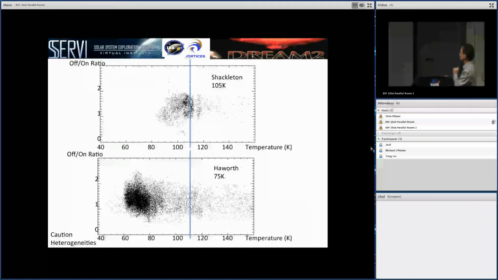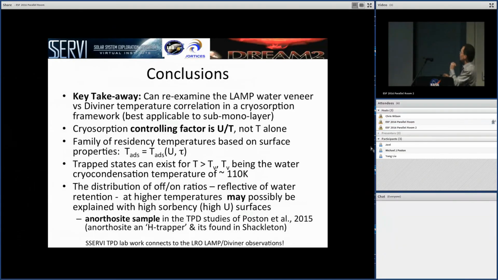So it may be a better, more enhanced water trapping region. Again, this is a non-unique interpretation, but if you take the chemi-absorption point of view, as opposed to the cryo-condensation point of view, then it might make sense.